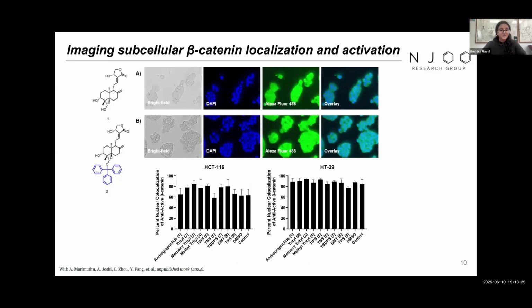Next, we investigated whether the administration of these compounds changes the phosphorylation or localization of beta-catenin in those specific cell types. In order to do this, we stained beta-catenin with a primary antibody followed by a secondary fluorophore antibody. And then we counterstained with DAPI to highlight the nucleus.